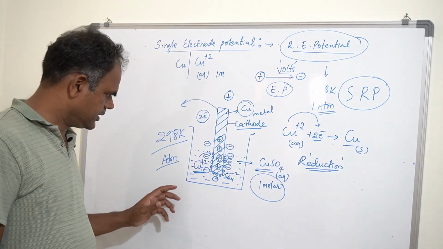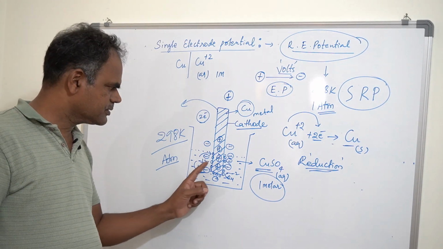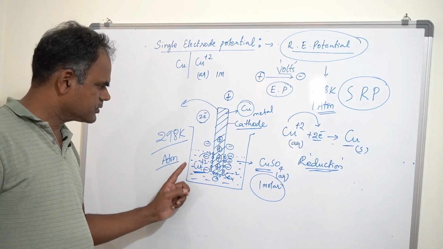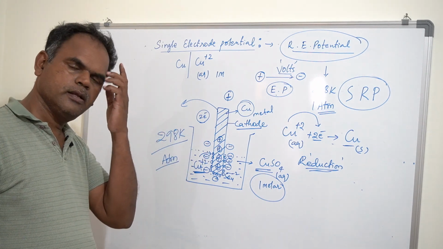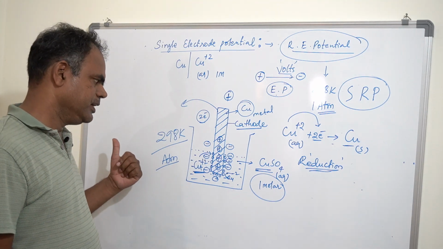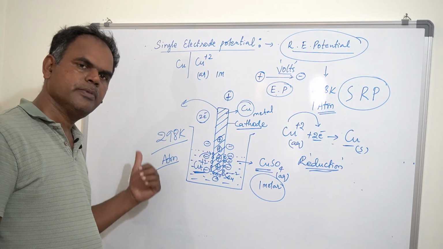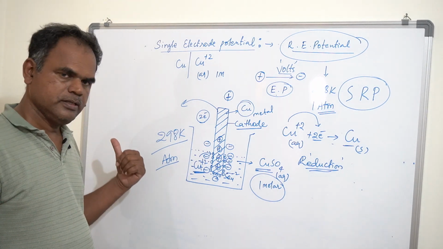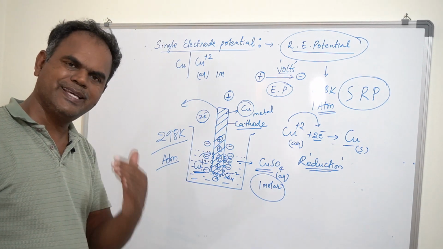And one thing you should observe here: after some time, the number of cupric ions decreases in this half cell. At the same time, in the other half cell, at the anode, the number of zinc ions increases.